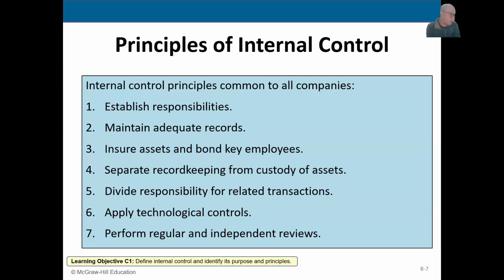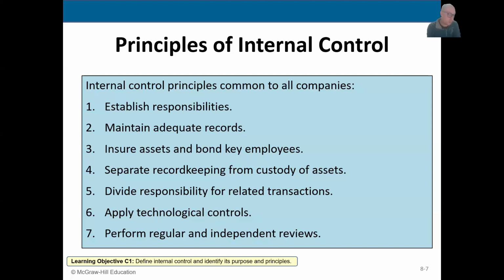Number 5, divide responsibility for related transactions. The person collecting the cash from the customer should not be the same person reducing the accounts receivable in the accounting book.